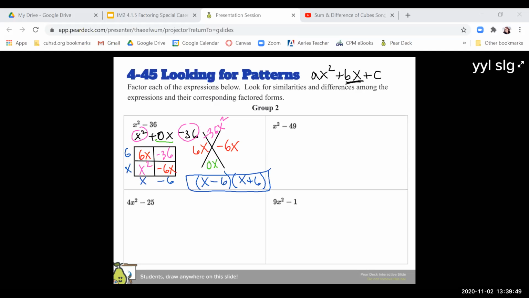Okay, let's wrap it up. Remember, your end goal is to get those two factors, so definitely write out your factors at the end of each one.